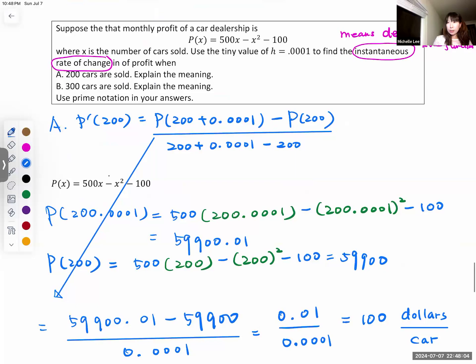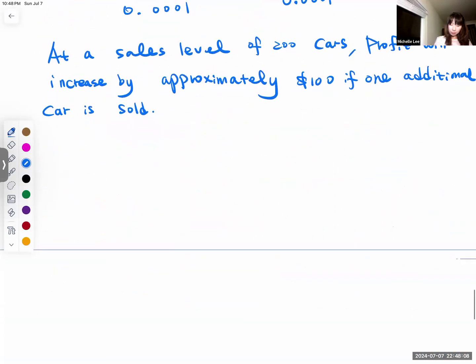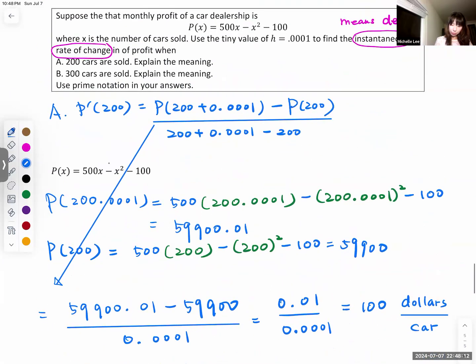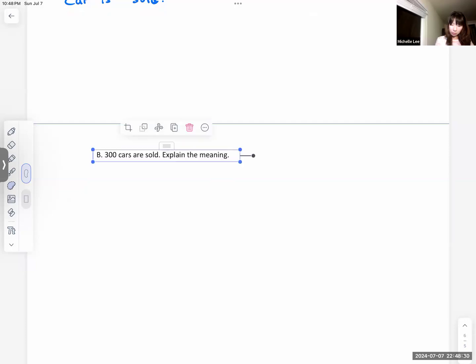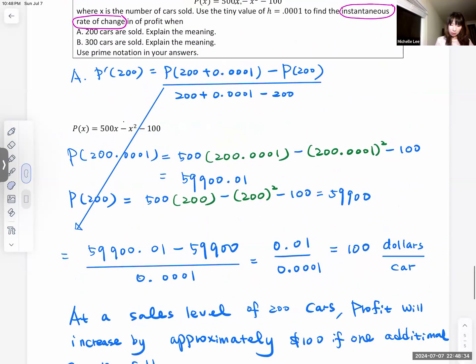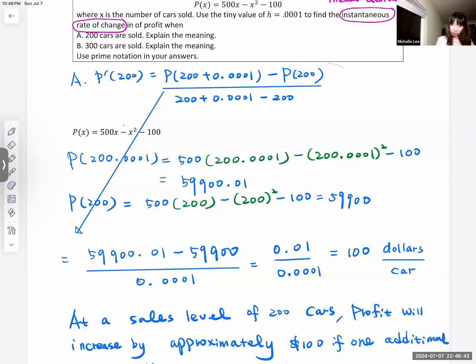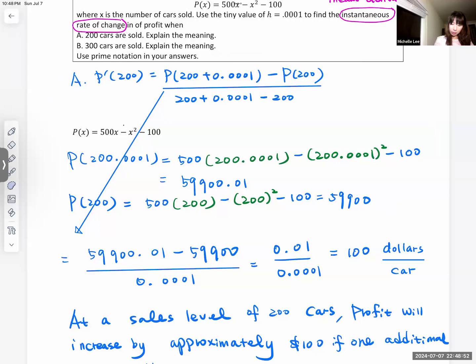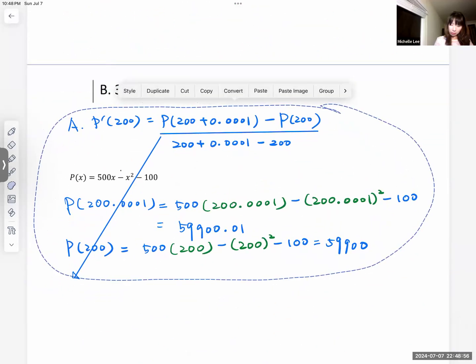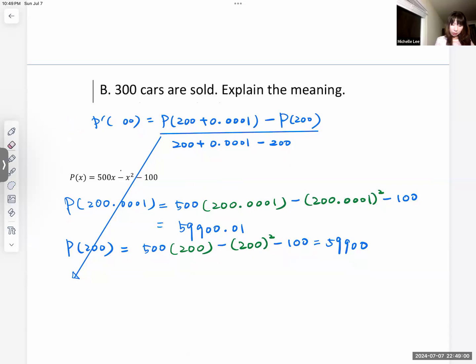Okay. Second part, 300. And then I need a function, let me just copy everything.